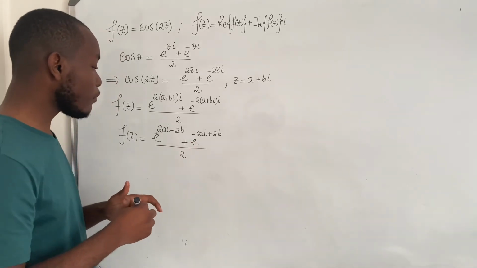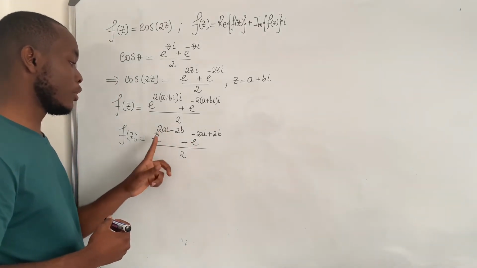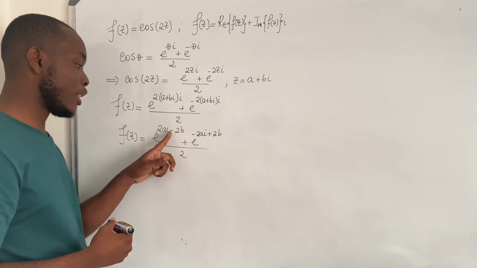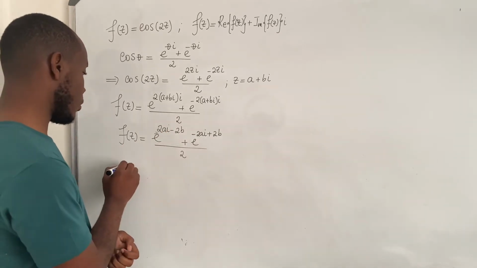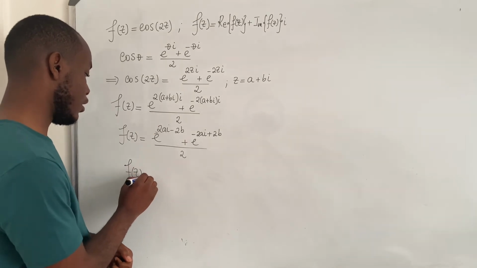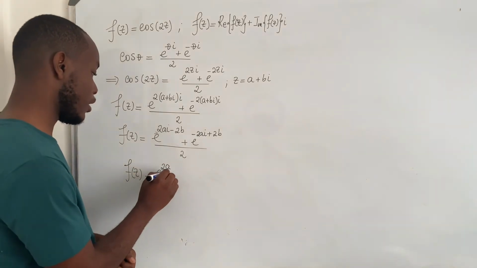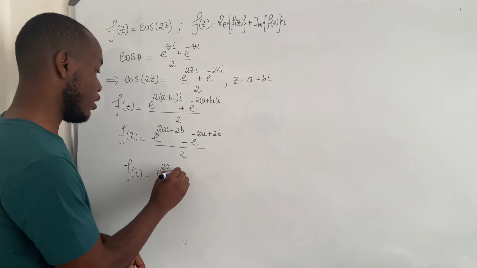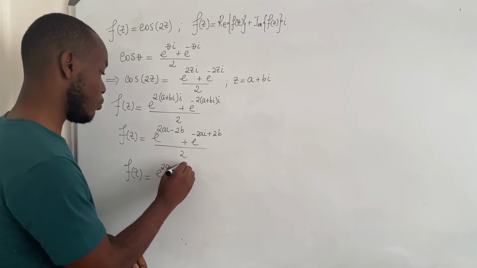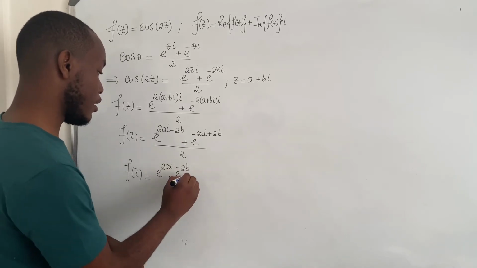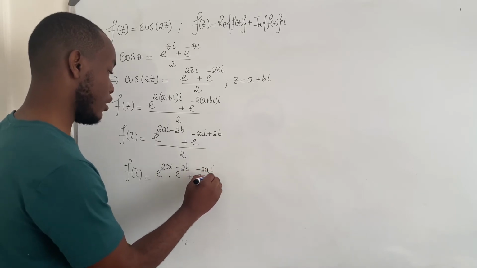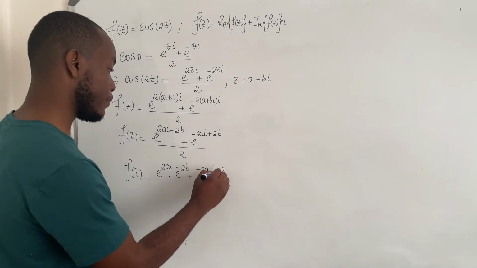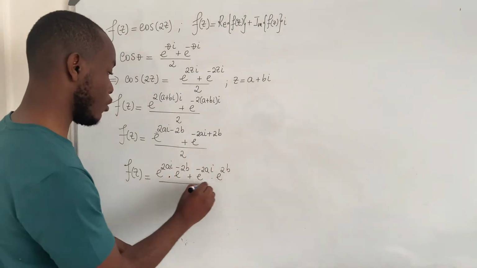Okay, now we can separate, because we know we can separate each one with the base. If they're adding in the exponent, that means they were multiplying. So we can write f of z in terms of e to the power 2ai times e to the power minus 2b, plus e to the power minus 2ai times e to the power 2b, over 2.